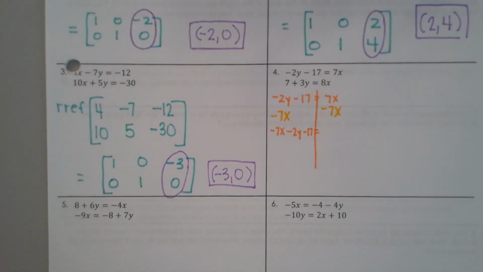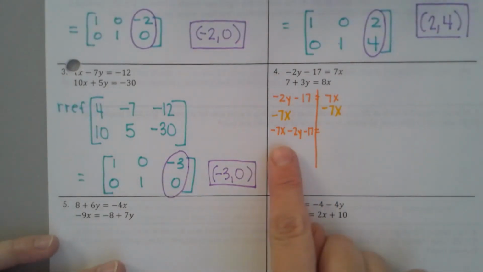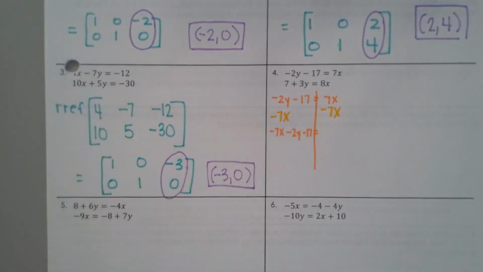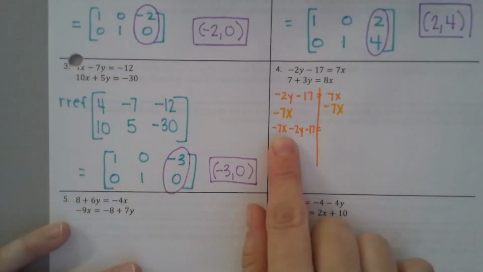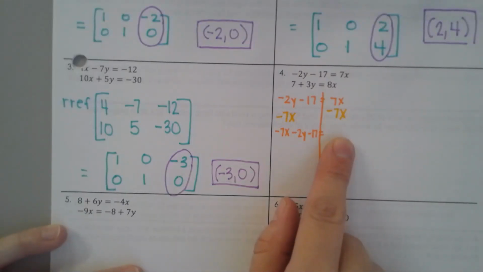Because I moved this 7x over. Why'd you put the 7 in front? Because we always want to put the x first. If they're on the same side, you can move them around in any order you want. But we want the x first, then the y, and then the plain number needs to be on the other side.